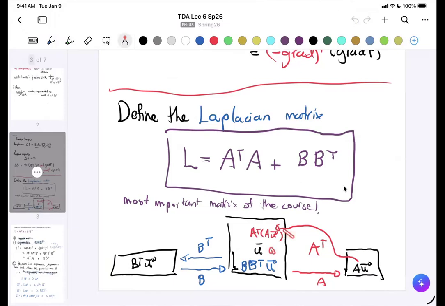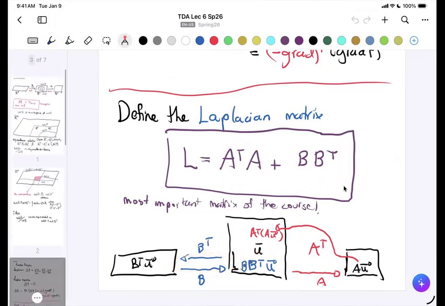So if you start with the middle, you could do A first and then go back with A transpose, which corresponds to this piece. Or you could do B transpose and then go back with B, and that corresponded to this piece. So essentially, I'm going to do the same.